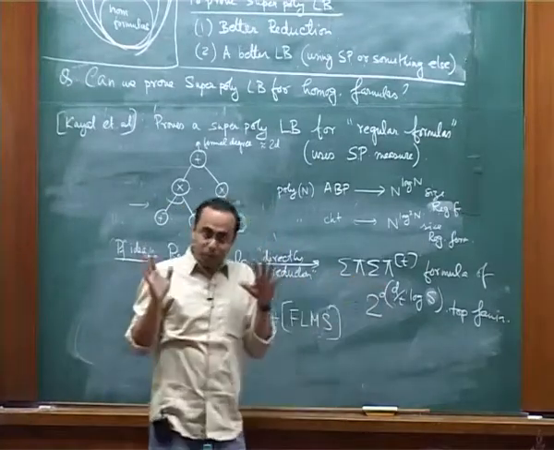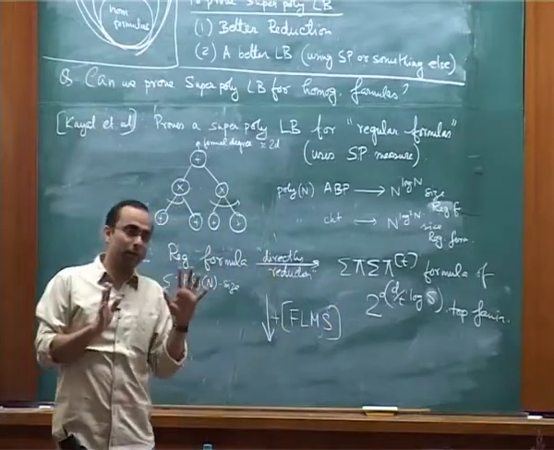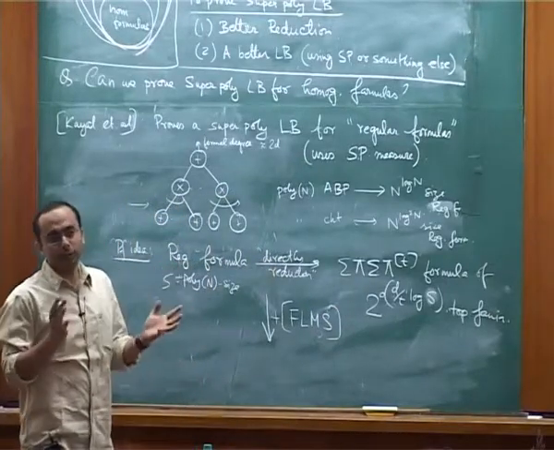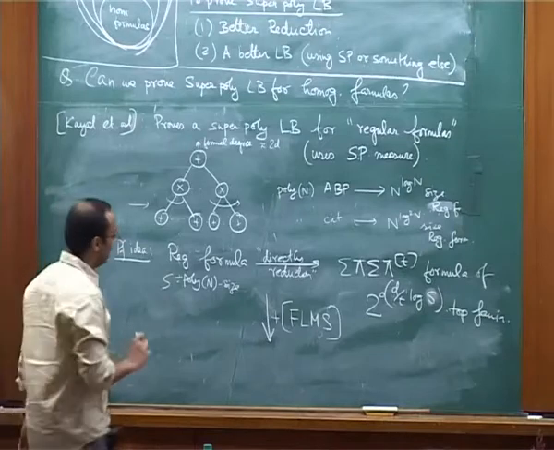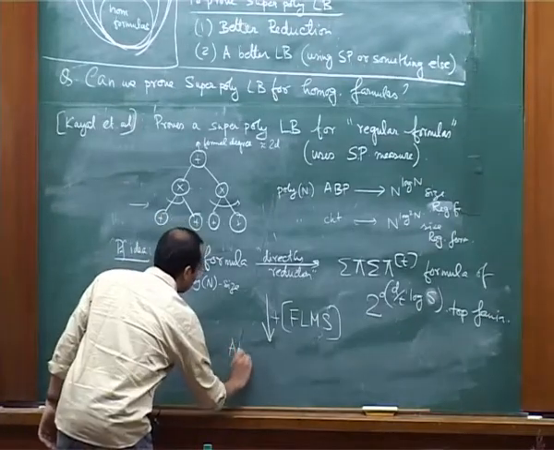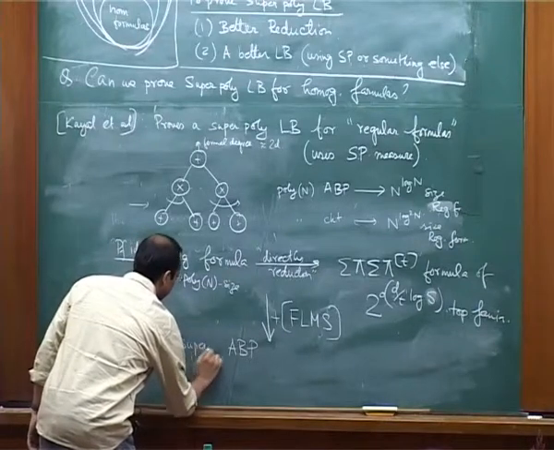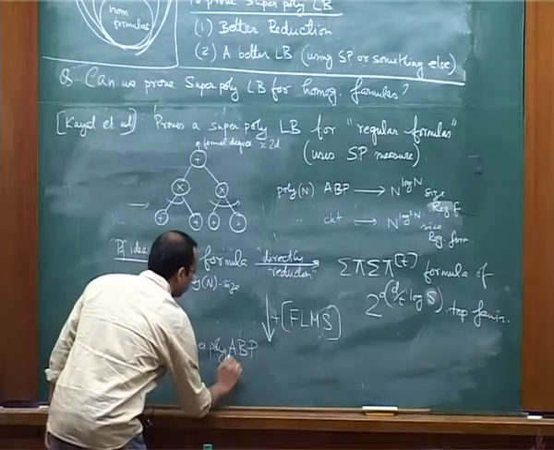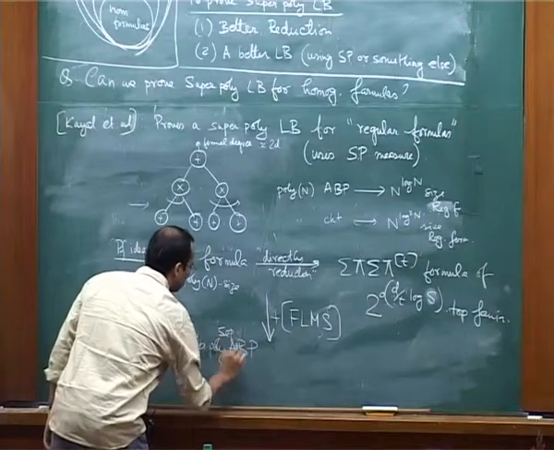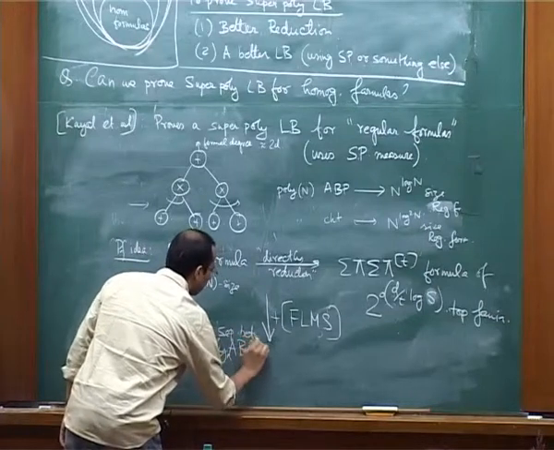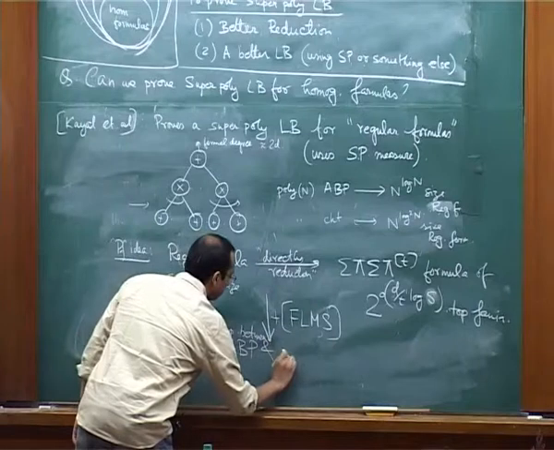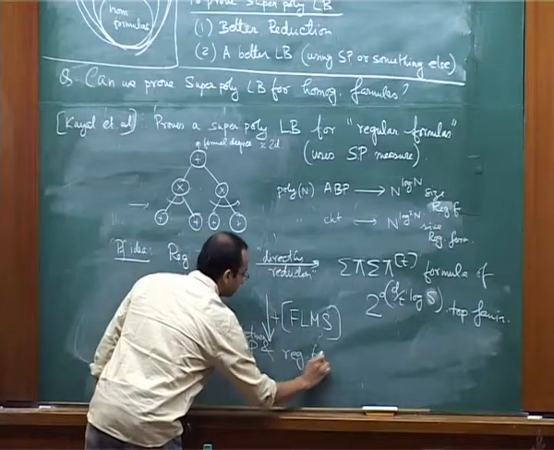And now, if for a moment I am willing to believe that regular formulas is the same as homogeneous formulas, then that would actually give a super poly separation between ABP and regular formulas.